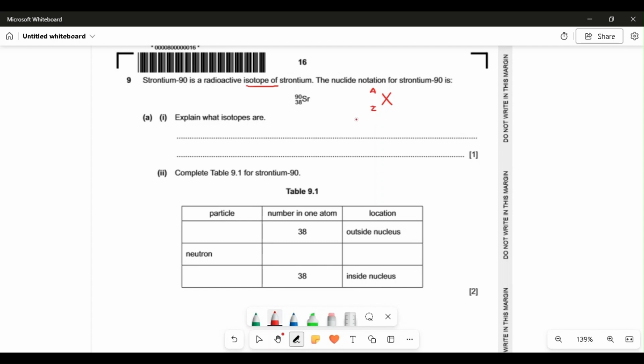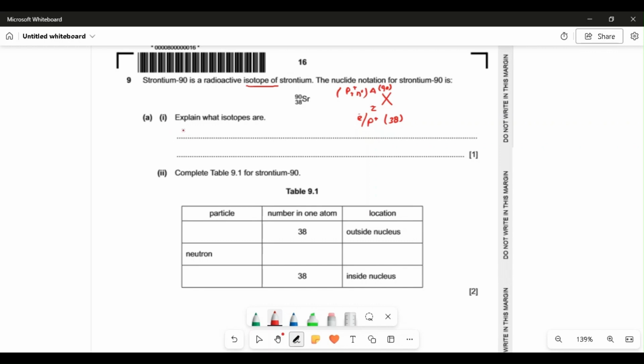Atomic number is either the number of electrons or the number of protons, whereas mass number is the number of protons plus the number of neutrons. Here we have 38, the number of protons or electrons, and we have 90 as the mass number, that is protons plus neutrons.